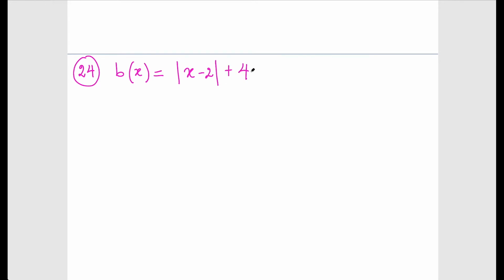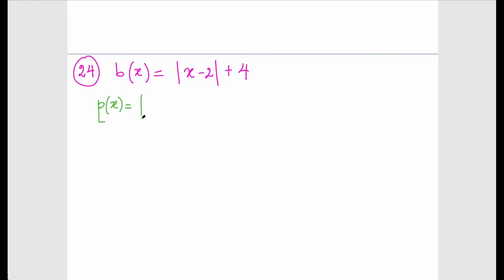All right, so we're going to start as usual from a parent function. The parent function is a function that you know how to graph, that's going to allow you to have a baseline from which you're going to start building that new function b. So what's the parent function that's involved in this?